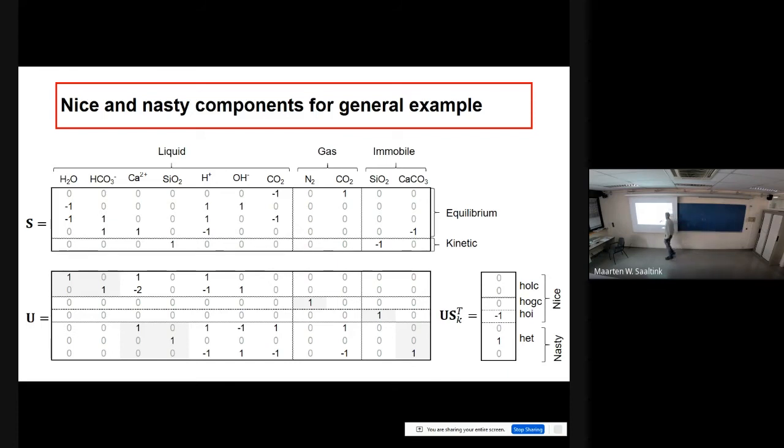So I have 1 nice homogeneous gas component. I can do the same for the immobile: I have two immobile species minus, I only have to take into account the equilibrium part, which has rank 1, so 2 minus 1 is also 1. And the rest, 3 in this case, are not nice, they are nasty, heterogeneous, etc.